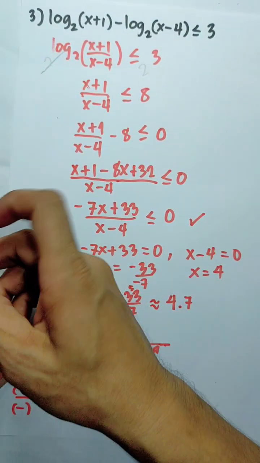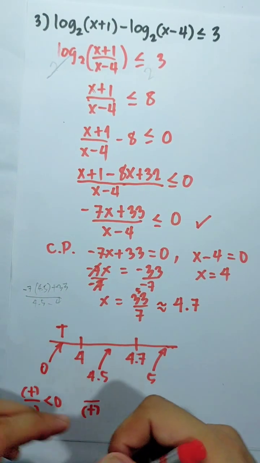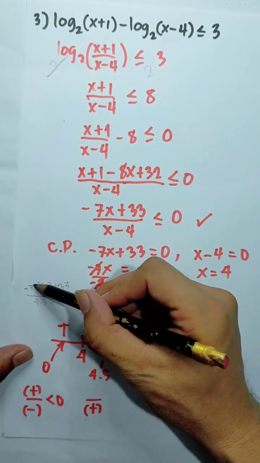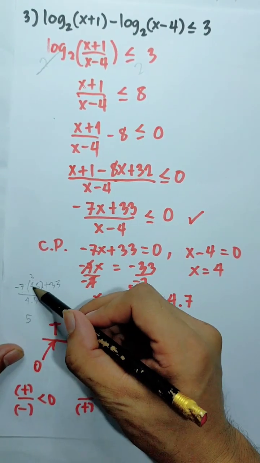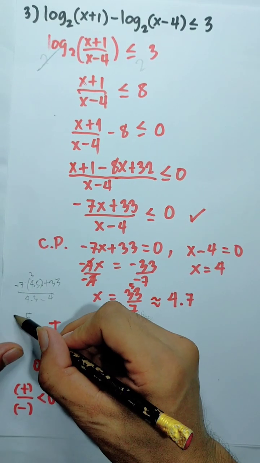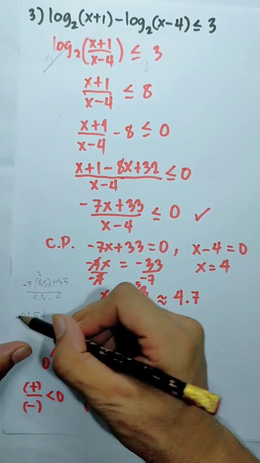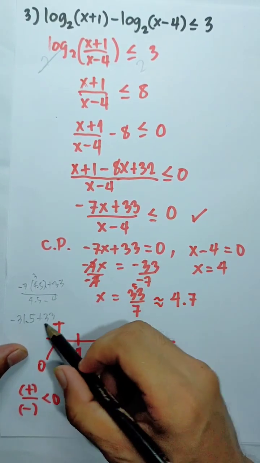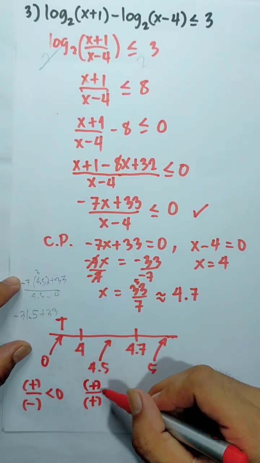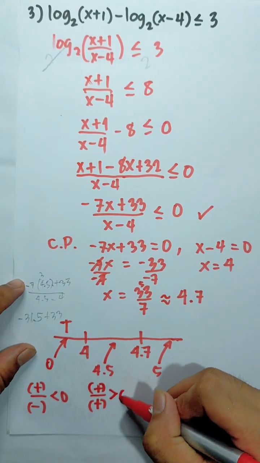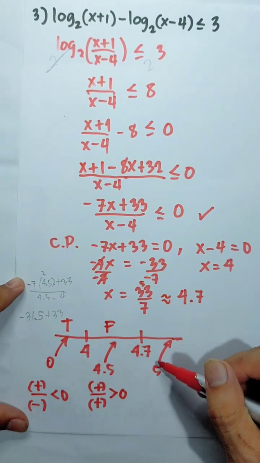So 7 times 5, that is 35, carry 3. 7 times 4, that is 28, plus 3 is 31. 0.5 plus this negative, so plus 33. So positive is greater, so the numerator is positive. Positive divided by positive is positive, and this is false because our inequality here is negative. False here. And let's try 5.